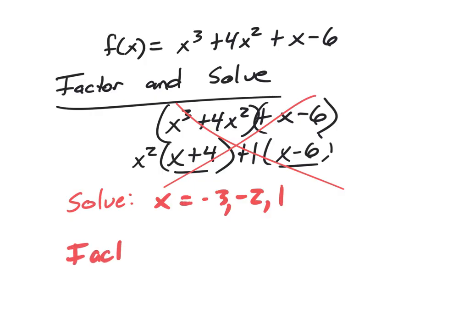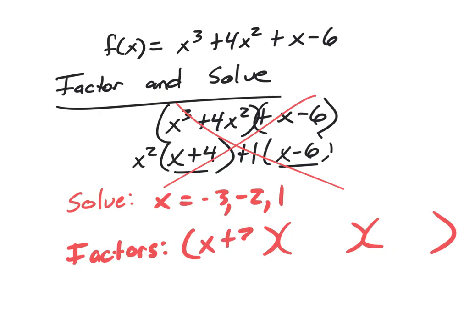The factors are the three sets of parentheses that we could multiply back together to get us here. And they're always going to be the opposite of those solutions, right? So if -3 is a solution, x plus 3 would be its factor, because if I set x plus 3 equal to 0, it gives me -3.